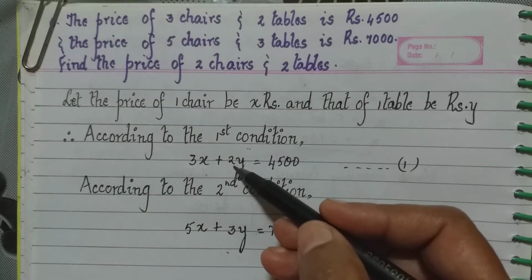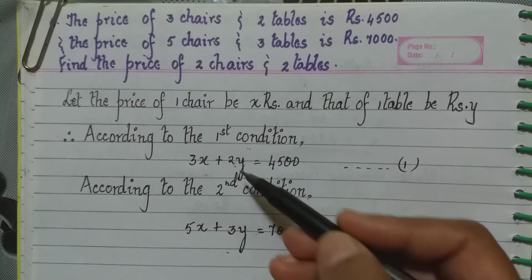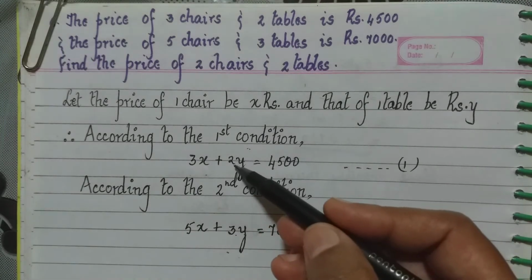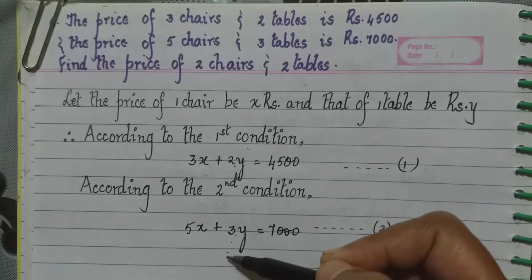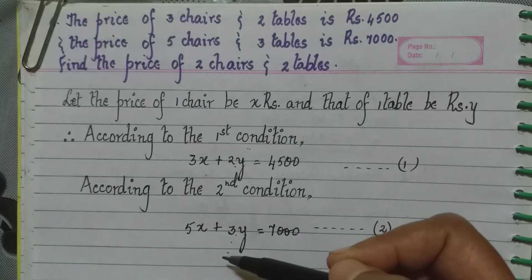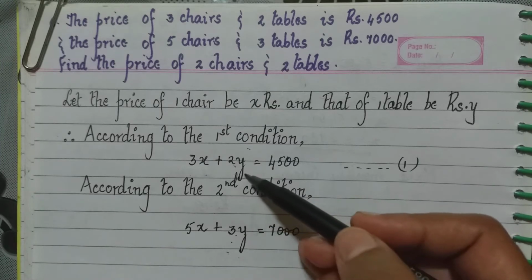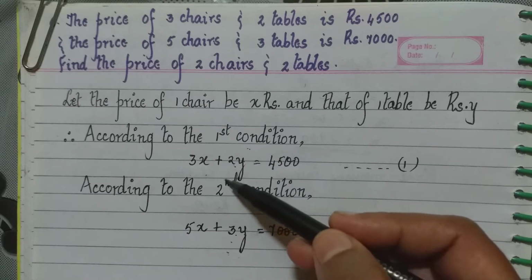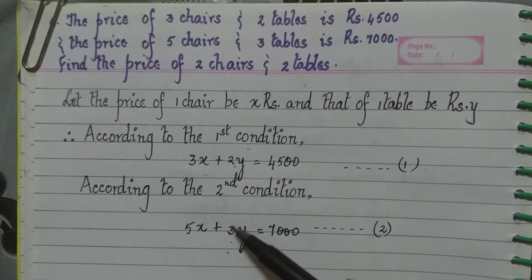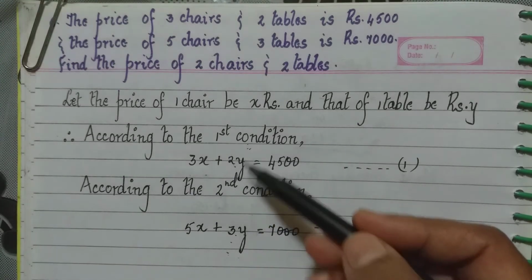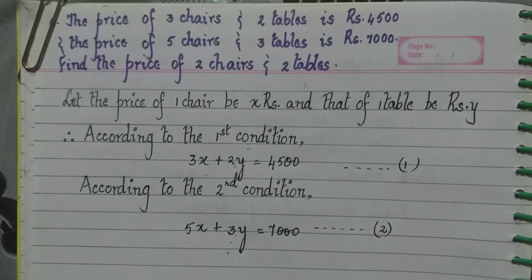Here I have the coefficient of Y as 2. Here I have the coefficient of Y as 3. Now if I want to make these coefficients the same, the LCM of 2 and 3 is 6. That means I have to multiply this 2 by 3 and I have to multiply this 3 by 2. Then both the coefficients will be the same.